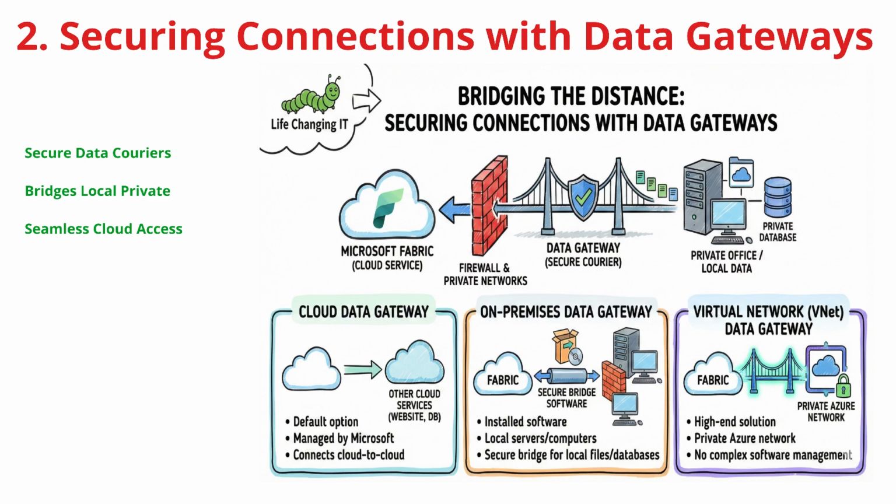Finally, there is the Virtual Network or VNet Gateway. This is the premium hands-off choice for data hidden deep inside private Azure networks, allowing Fabric to talk to your data without you needing to manage any extra hardware. No matter where your data lives, these gateways ensure the distance is bridged securely and seamlessly.